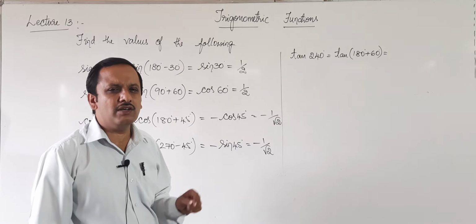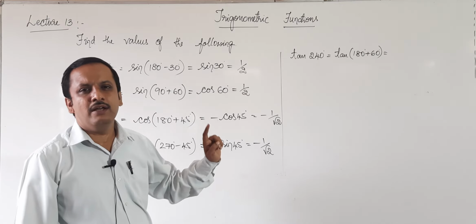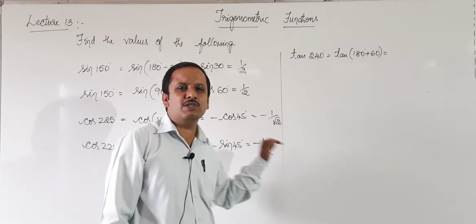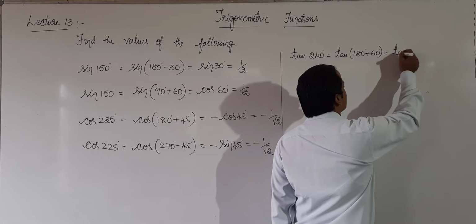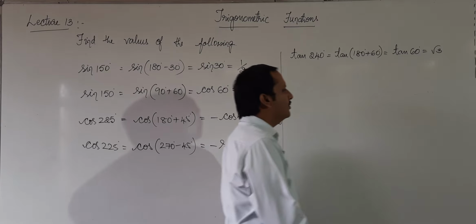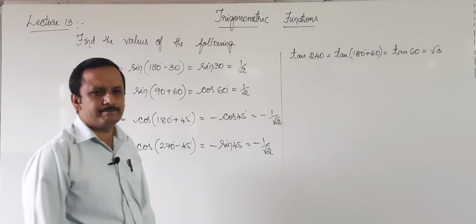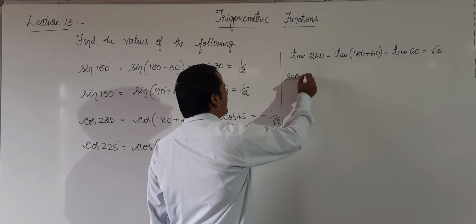Third quadrant. In the third quadrant, tan, is it positive or negative? Positive. Okay. Then 180 plus theta, we are using the horizontal line, therefore same function. Hence, tan(180 plus 60) is same as tan 60, and tan 60 degree is equal to root 3. Okay. Next, secant 135 degree.